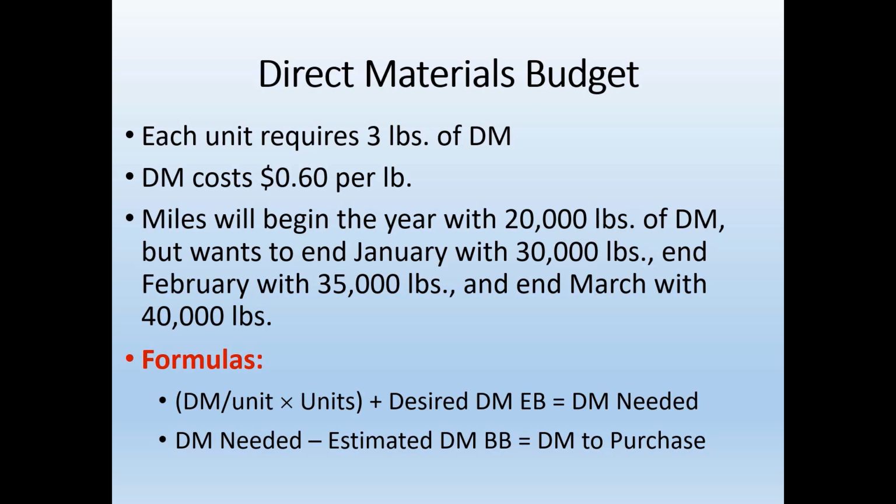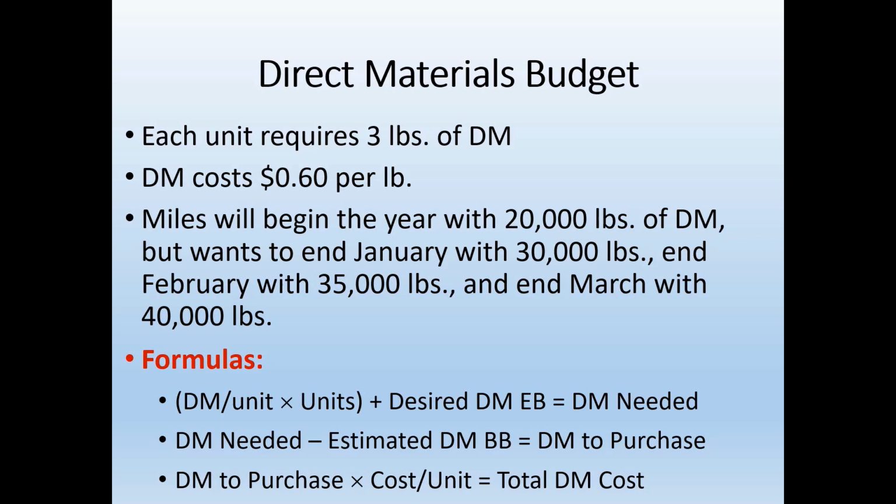So the amount of material that the firm needs minus the amount that it expects to have at the end of last period, which immediately becomes the beginning balance in the current period, tells us how much material they need to purchase. If we take the amount of material that they need to purchase and multiply it by the cost per unit for the material, that will tell us how much money we need in order to buy the material in that period.